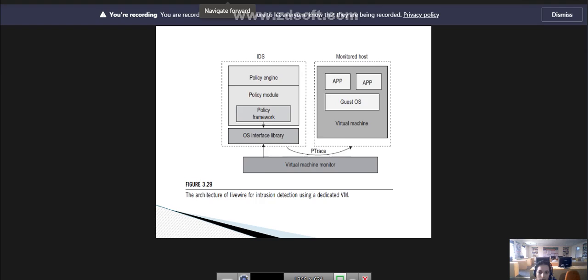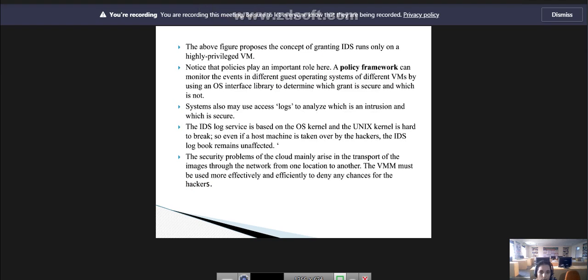In the above diagram, we are running the IDS only on the highly privileged virtual machines. Notice that policies play an important role here. A policy framework can monitor the events in different guest operating systems of different virtual machines by using an operating system interface library to determine which is secure and which is not.